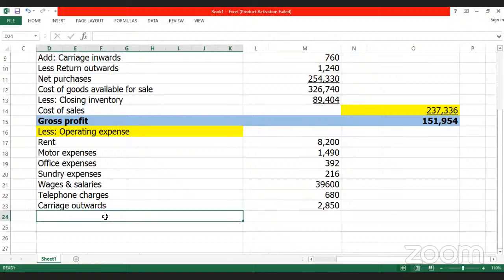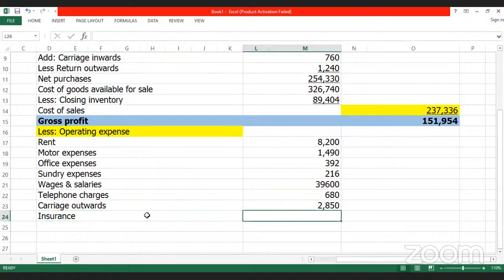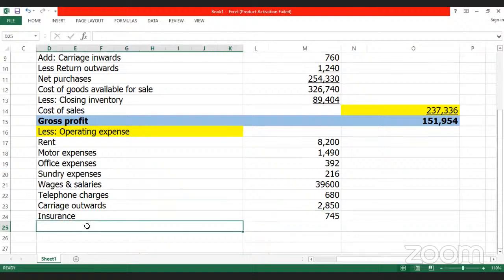What else do we have? Insurance. Insurance expense. How much is the insurance? 745. That's the insurance. Good. What else do we have? We got operating expenses. Van is not an expense.